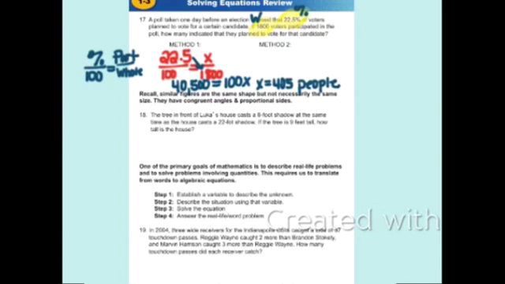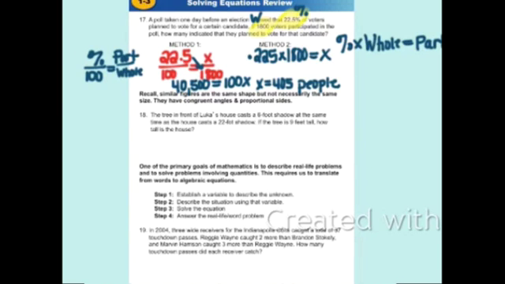Now, if we set this up the other way, the first thing we need to do is convert our percent to a decimal, and we do that by taking the percent and dividing by 100. And so that percent is 0.225, and the whole is what we're given, which is 1,800, and we're looking for the unknown, which is the part.